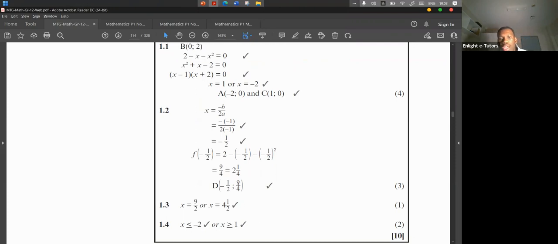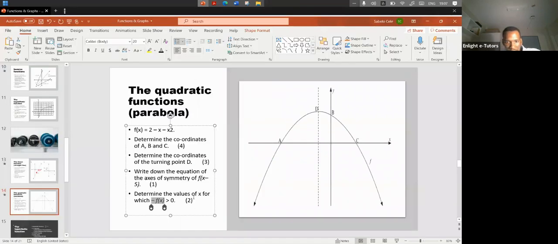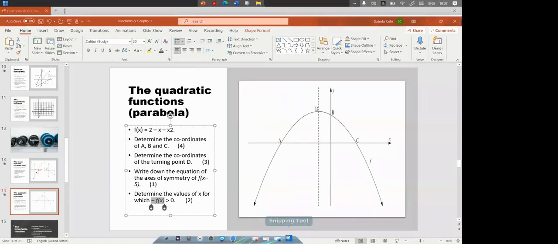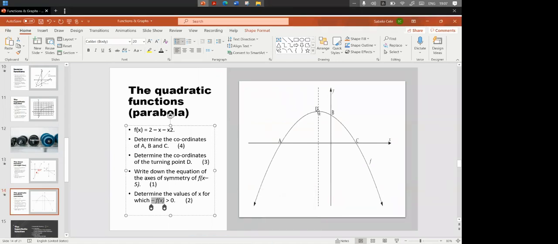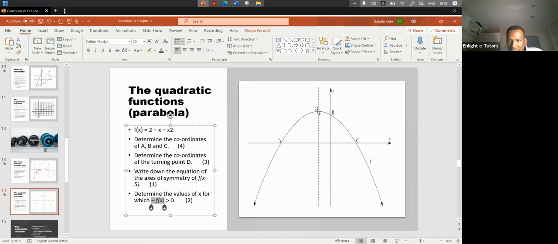Which means if we flip this graph, we have to determine the turning points again. You determine the turning point, which means that one is going to be from negative infinity to that point on the x-axis, and then from the other one going up there.